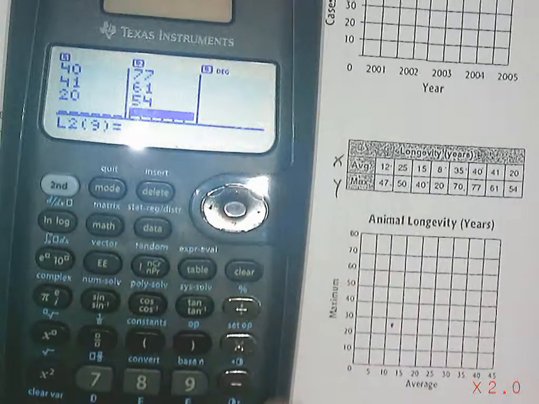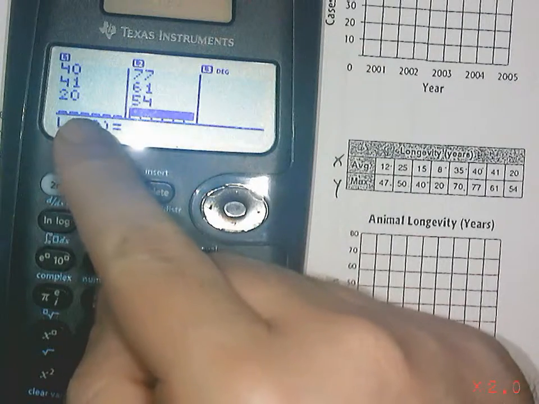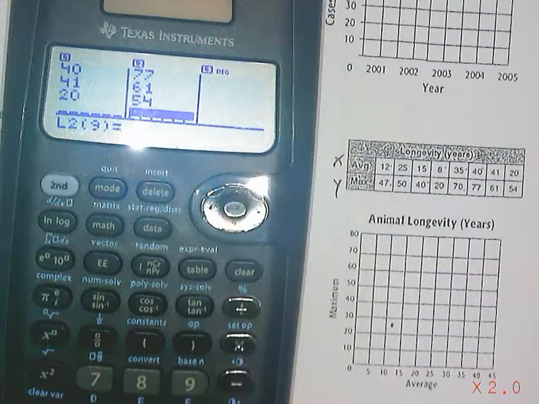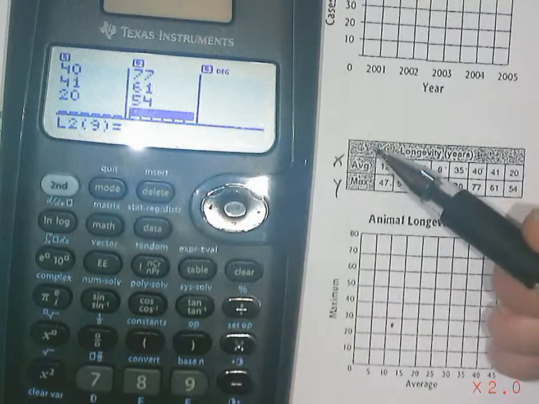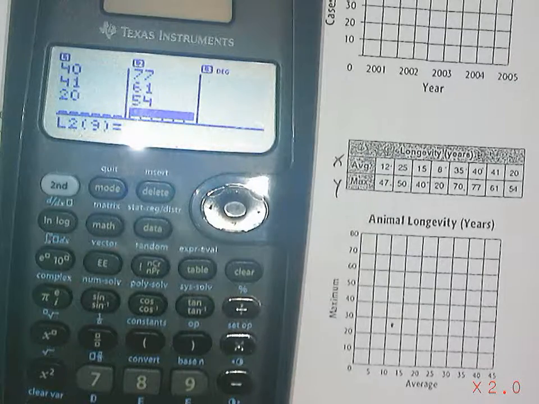Okay, now if you get to this last section and there's another number on this side than on this side, it's not going to work. You did something wrong when you're entering your data. Okay, for each X value there should be a Y value, otherwise it's not a linear pair.